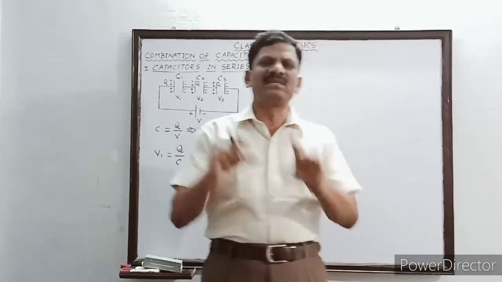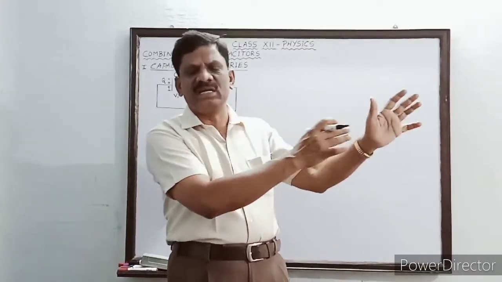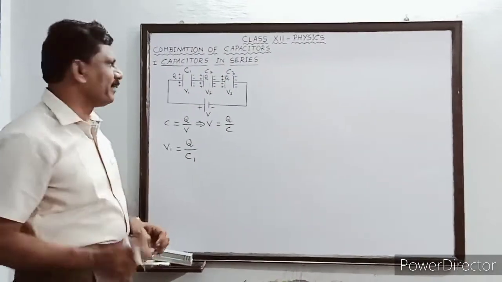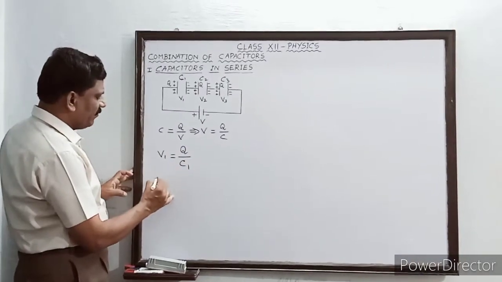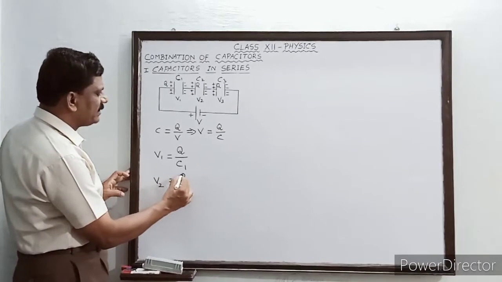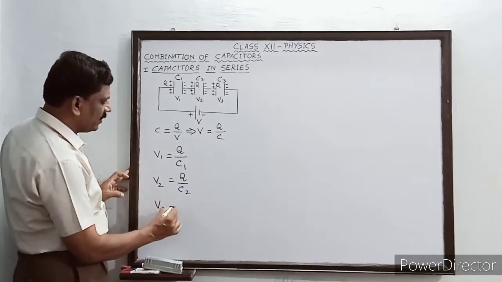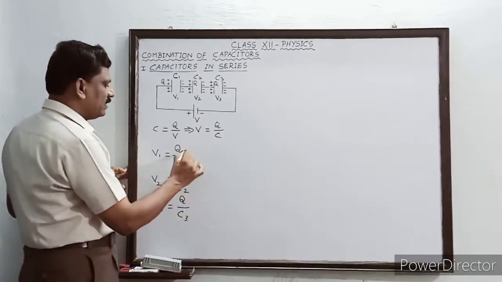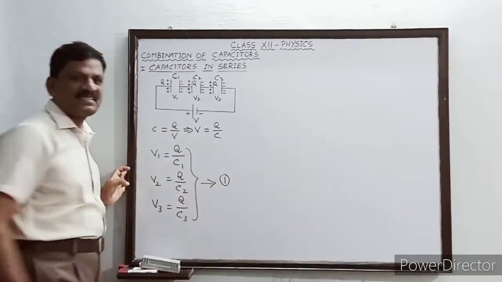I told you, because of electrostatic induction, the same quantity of charge only will be induced on the opposite plate. So, Q will be the same on all the capacitors. So, V1 is equal to Q by C1, V2 is equal to Q divided by C2, and V3 is equal to Q divided by C3, and this set of equations I will call equation 1. This is step 1.